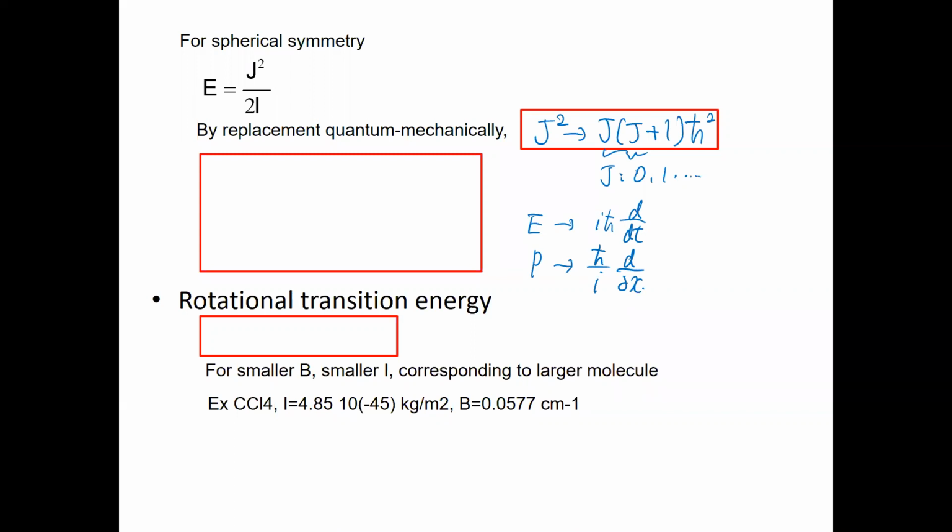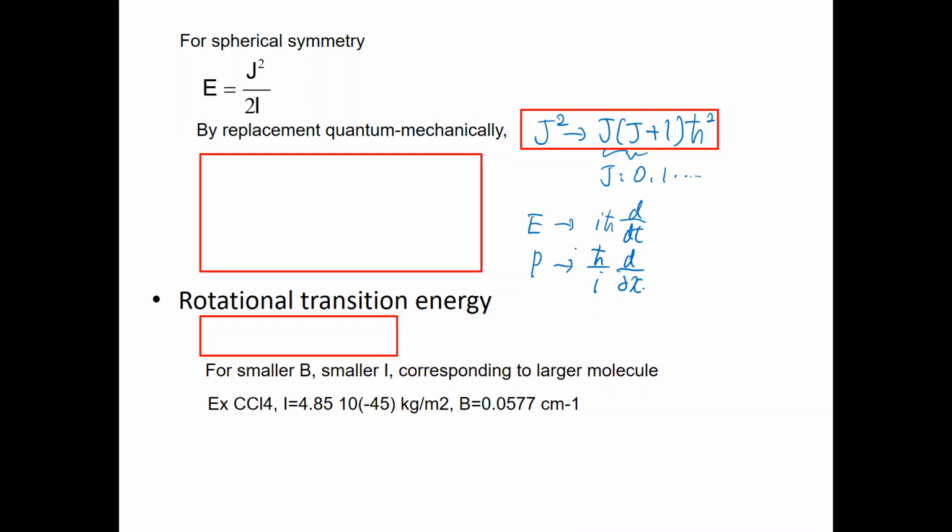So in quantum mechanics, you need a wave function, and when you need to obtain a physical value, you have to apply a mathematical operation, and then you can obtain the value like energy or momentum.